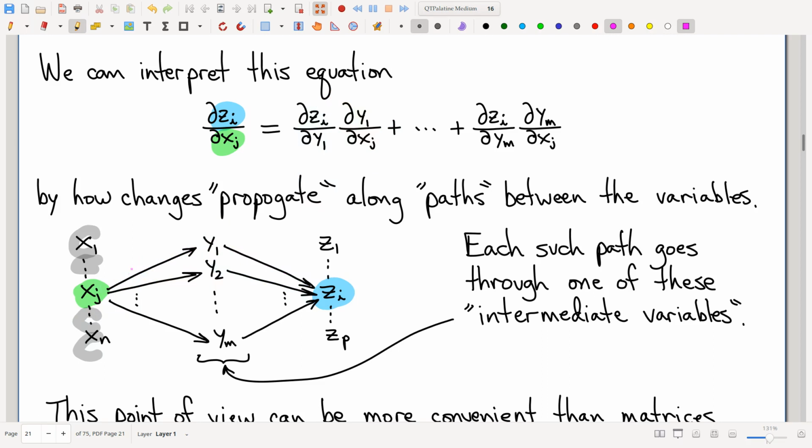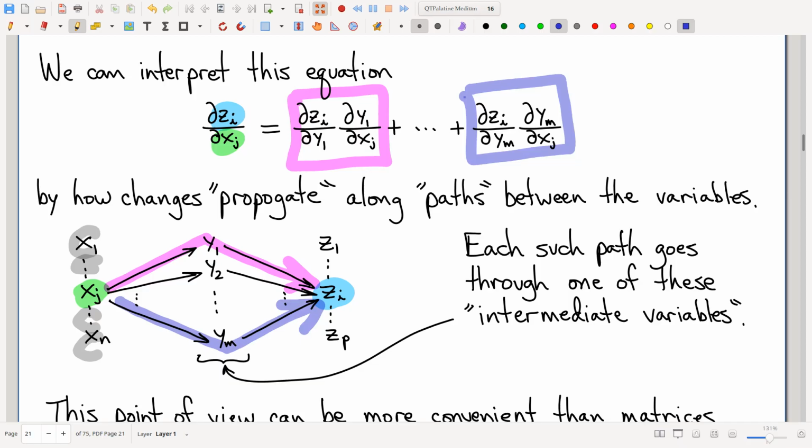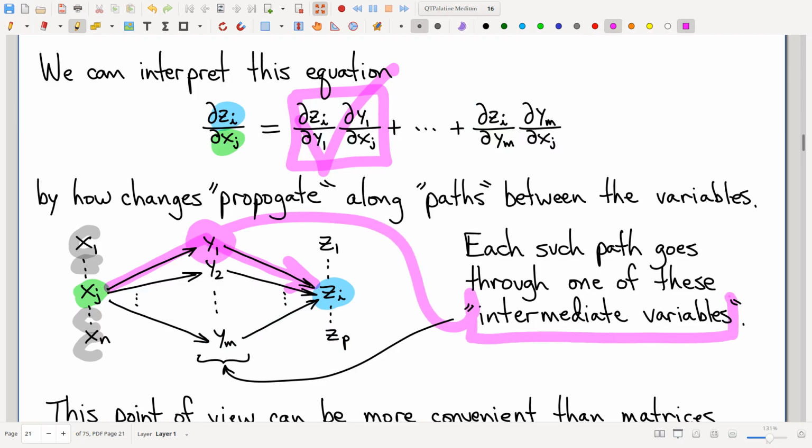So this path gives rise to this term, and then likewise, et cetera, this path gives rise to that term. So I think it's a nice way to think about it. You get a term for every path. And by the way, I'll further note, every term corresponds to a path. Every path corresponds to what we call an intermediate variable, because of course, it's in between.